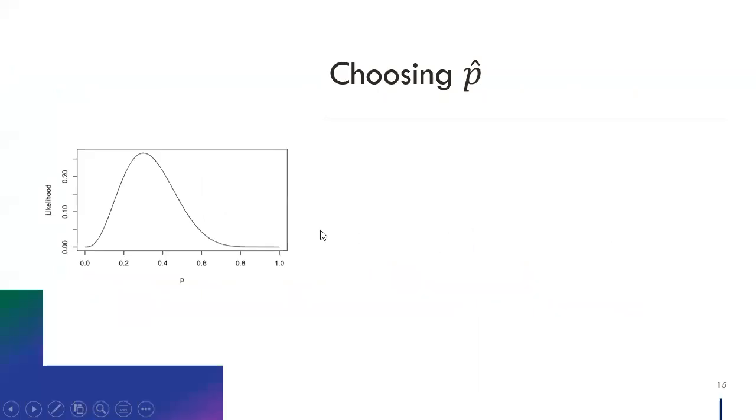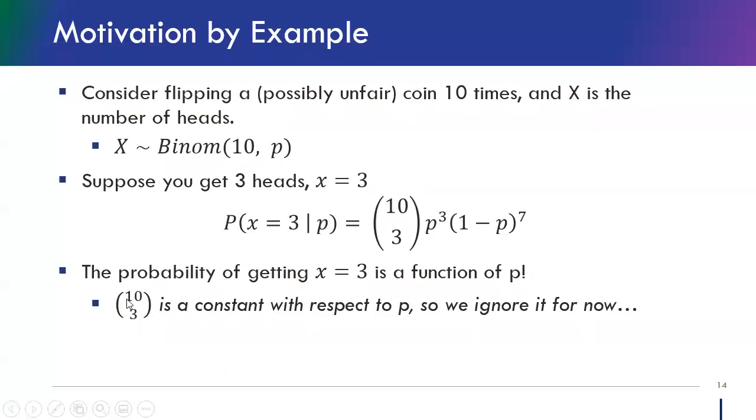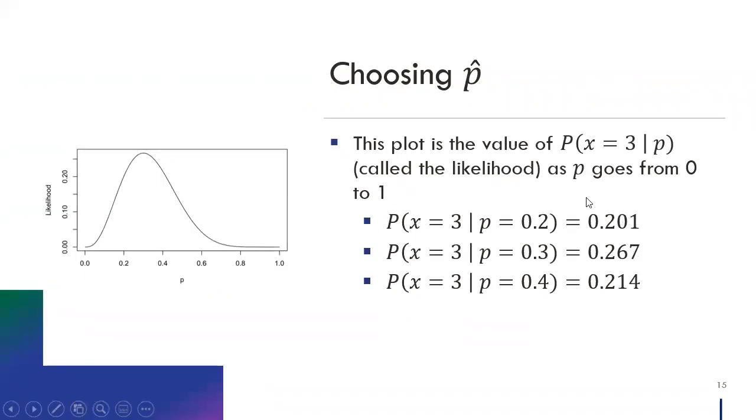I think I ignored this constant part when I did the calculation here. But we compared which p-value gives us the largest probability. So when p equals 0.3, it gives us a relatively large probability of seeing what we observed, x equals 3.